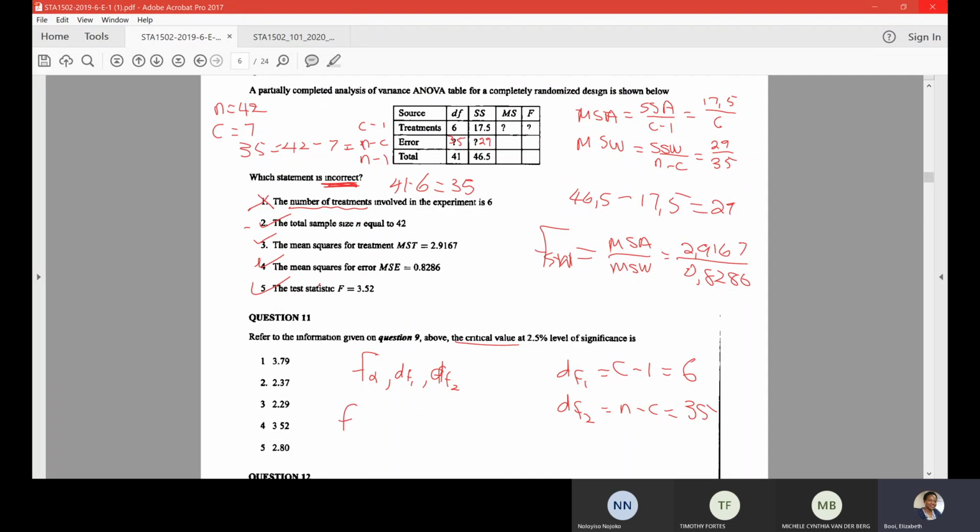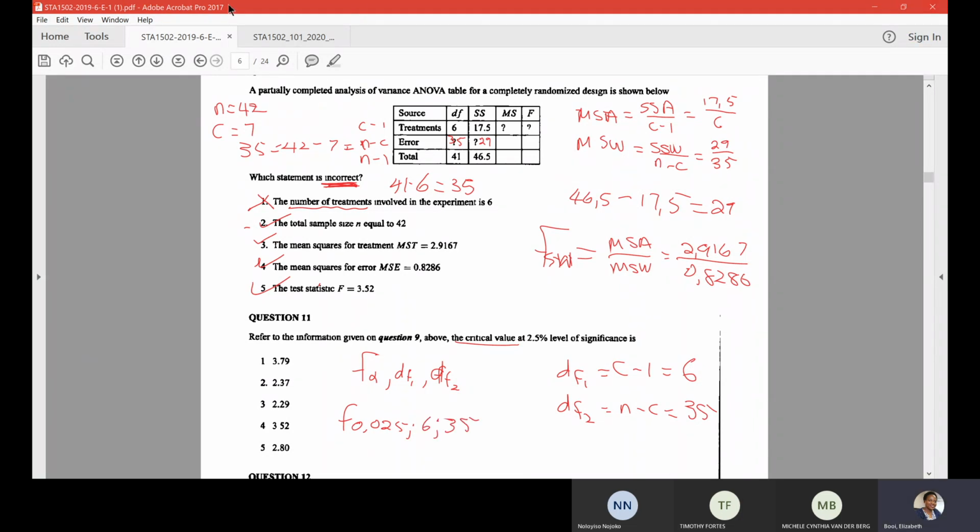And if we look at this, our alpha is 0.025, and our degrees of freedom are 6 and 35.